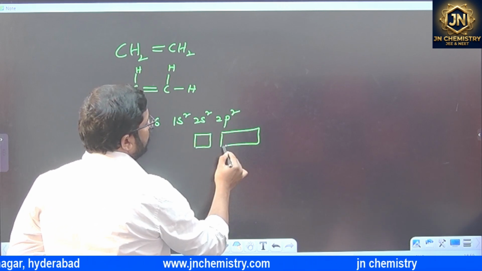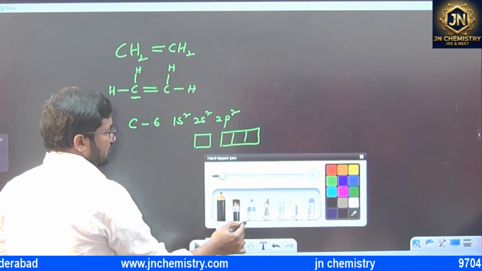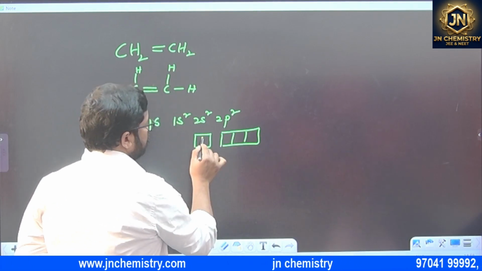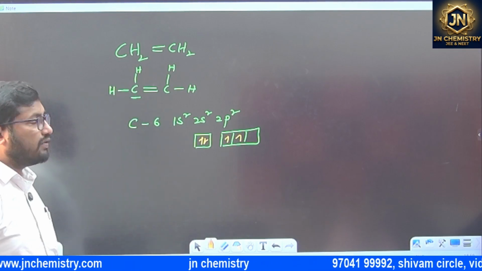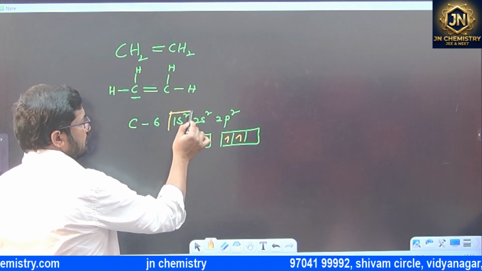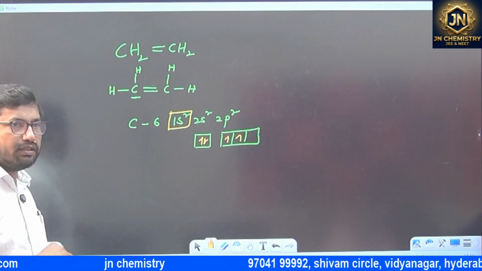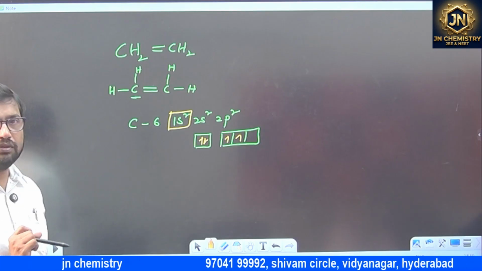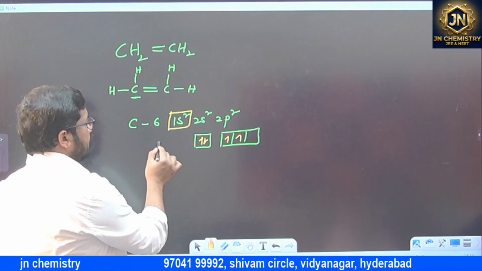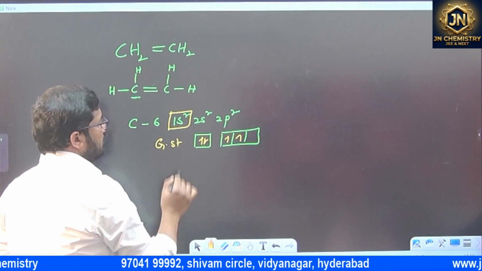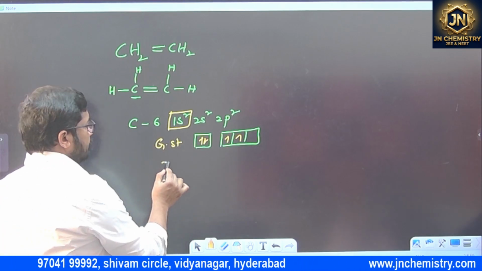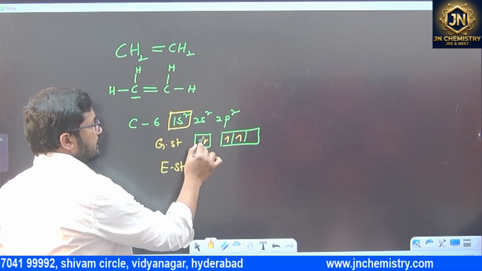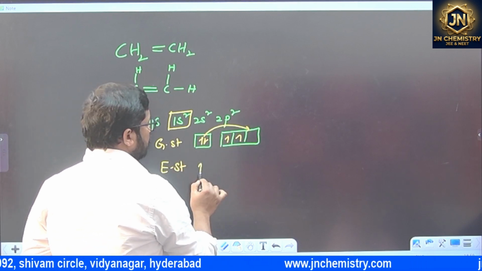Write the ground state electronic configuration. Sir, why are you not writing the 1s2? This is inner orbital. Generally, outer orbitals we need to take. This is ground state. Excited state, what exactly happens? One of the electrons jumps to here.